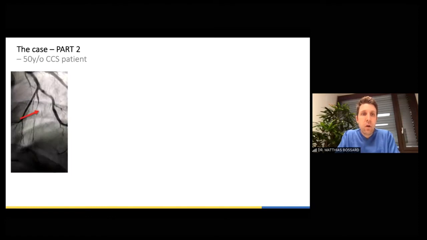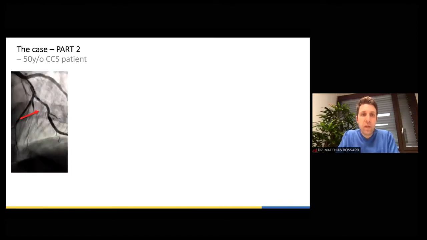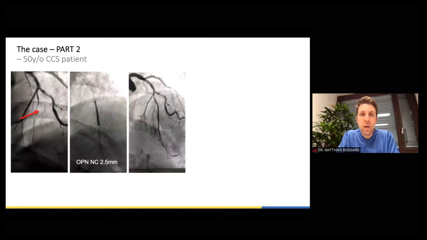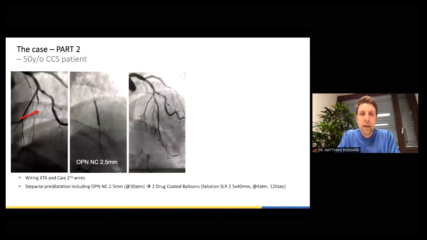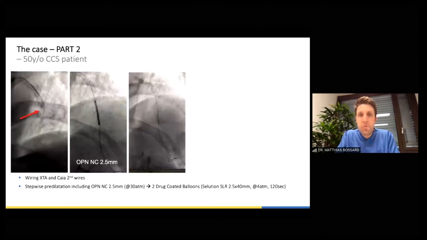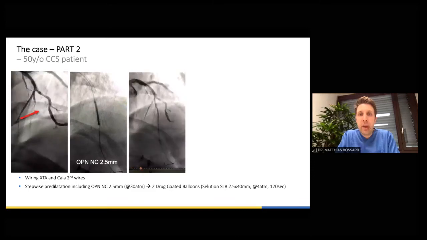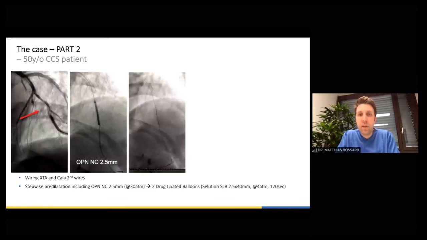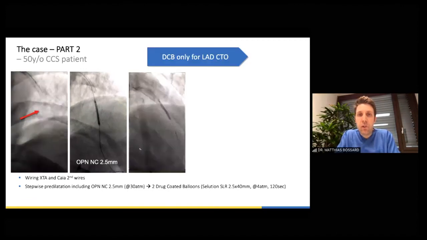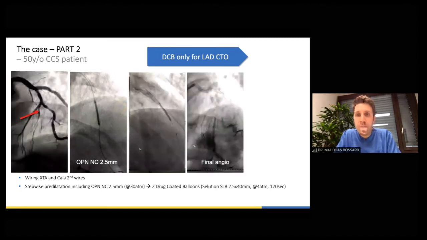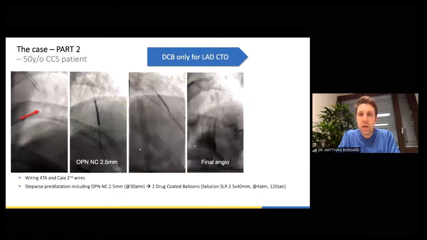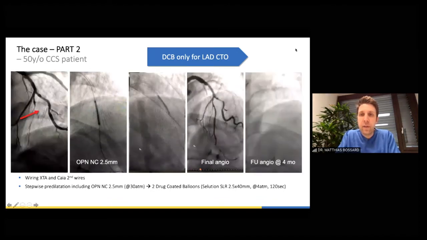Okay, now coming back, as you're well aware, we decided very early in the course to avoid the stent because we were well aware that it's a very long lesion, and by using a stent, you would omit CABG for this rather young patient at any point down the road. Therefore Florim treated that patient very nicely with 2 drug-coated balloons and achieved a very nice result. Here you can see the final angiogram, and here on the right the 4-month follow-up.